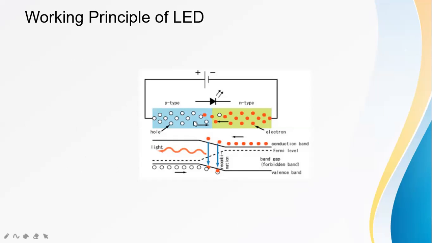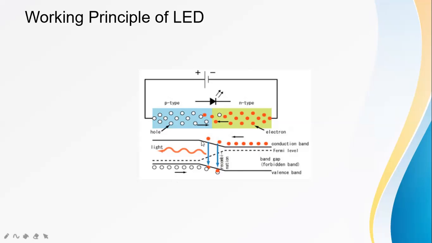This is the PN junction LED connection, and the light is emitted. See here, this is the conduction band and this is the valence band. This is the energy gap, the forbidden band between the two. The electron is moving from the conduction band to the valence band.